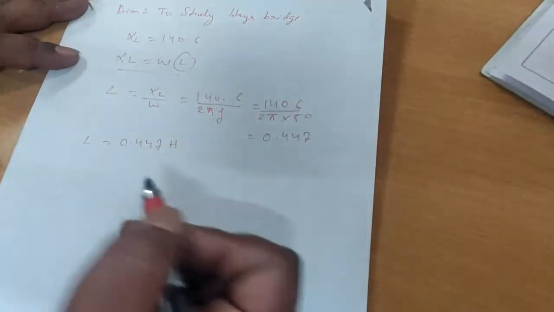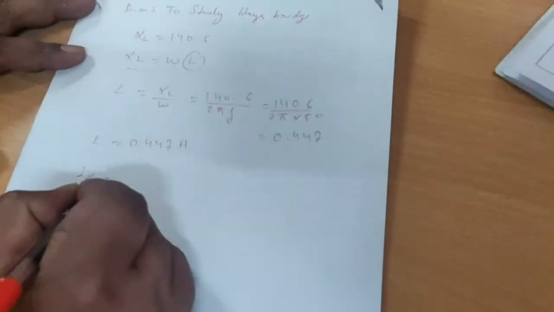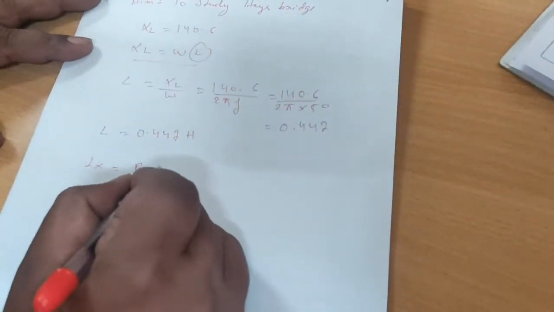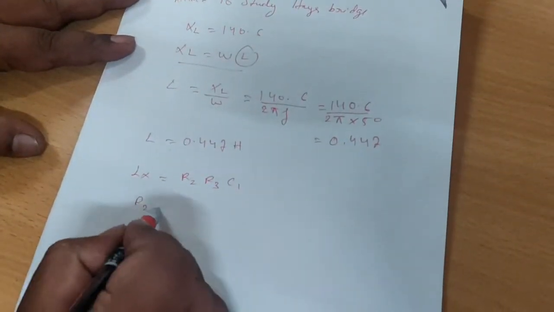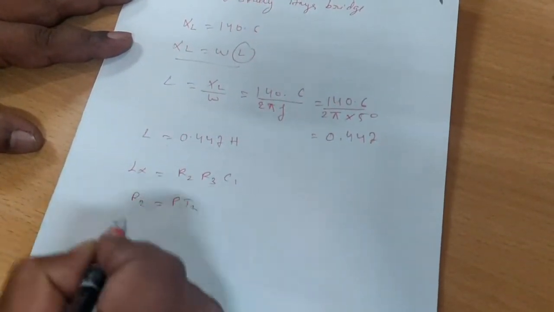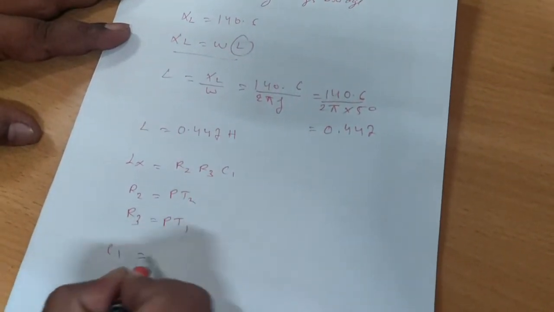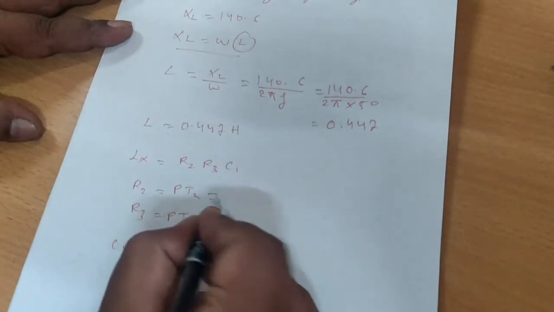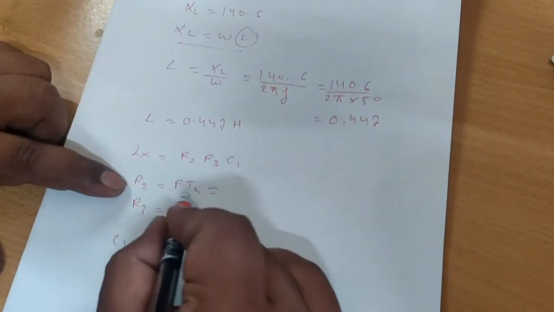Now as we have done the experiment, we will calculate the value of Lx. Lx is equal to R2, R3 and C1. R2 is from the kit, we know that it is PT2, R3 is PT1 and C1 is CT1. Now by measuring the value of PT2, we get the value of R2.